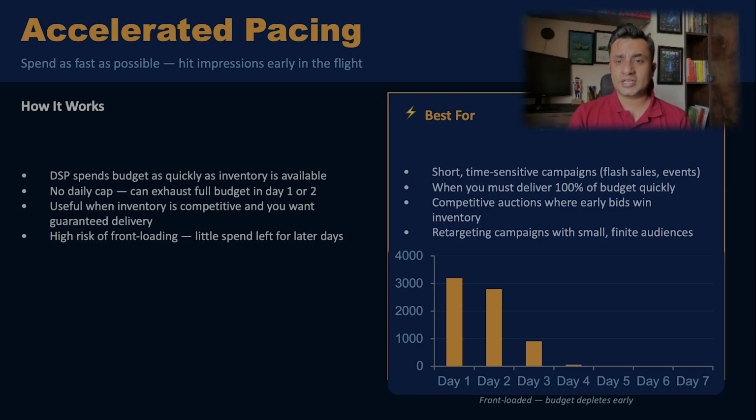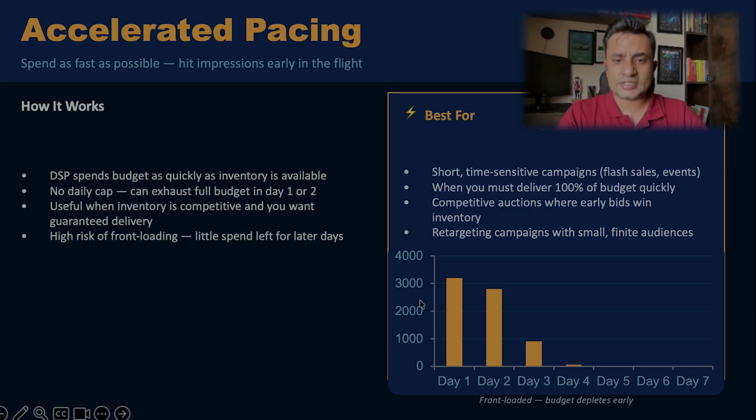When you deliver 100% of budget quickly, it is good for those campaigns. Good for competitive auctions where early bids win inventory. Say there is a competitive product in the market and I want to bid more and earlier than my competitors, then you can opt for ahead pacing or ASAP pacing. It's good for retargeting campaigns with small or finite audiences.